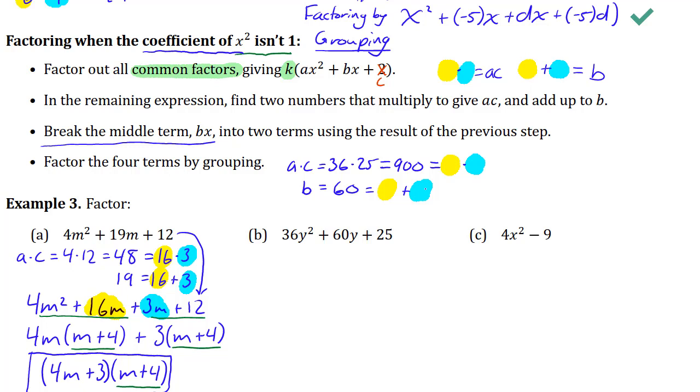Let's see. Oh man, I have to think about this one. How about 30 times 30? That makes 900. And then 60 is 30 plus 30. So that works. So that tells you how we're going to split up the 60y part.